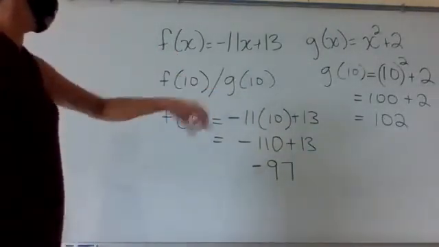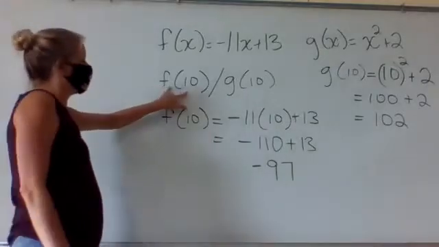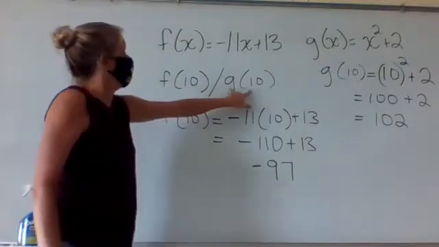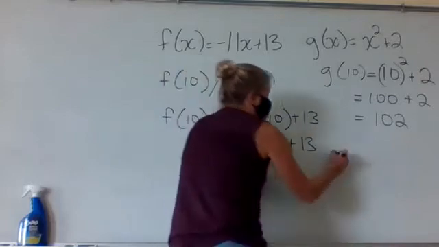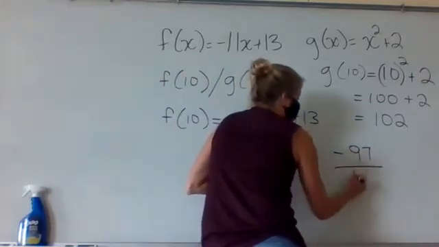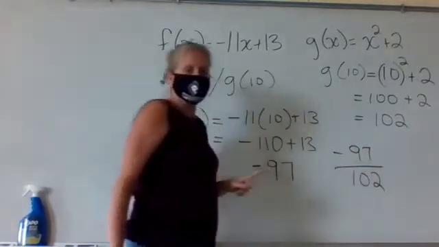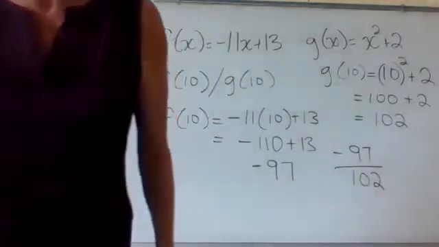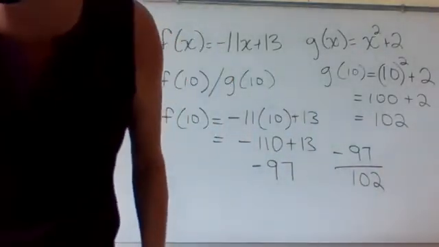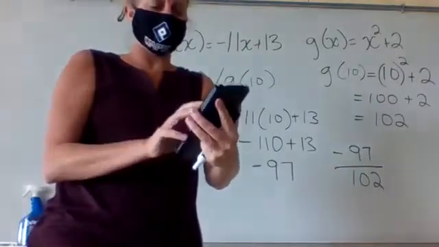So what does it want me to do with those two solutions? Whatever I got for f is going to go over what I got for g, which will be negative 97 over 102. Now you would check to see if that does reduce. And remember how to do that.